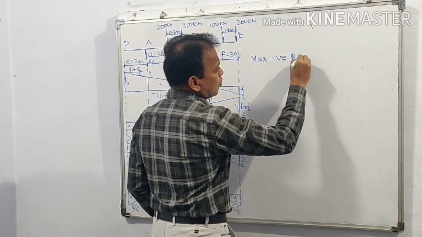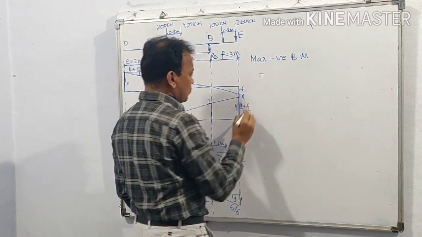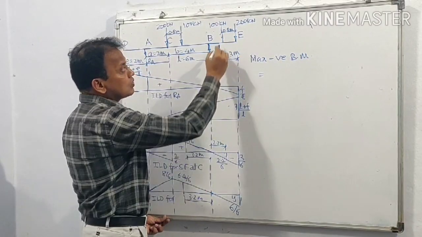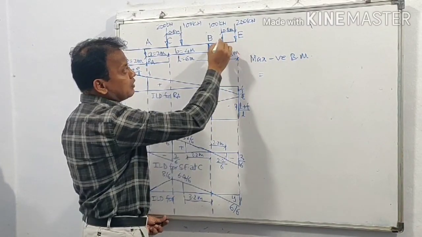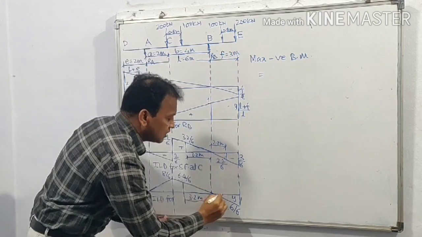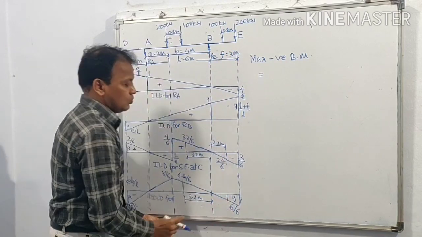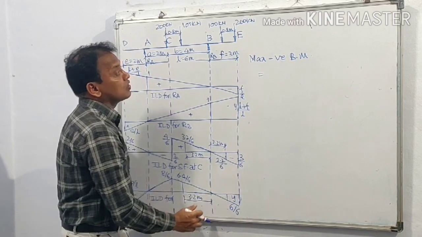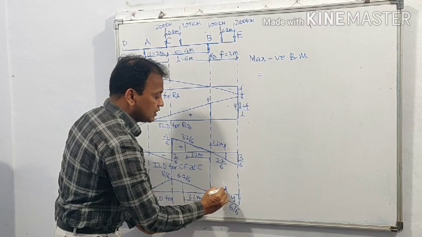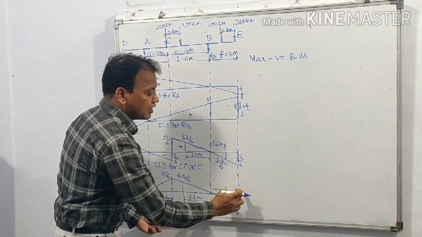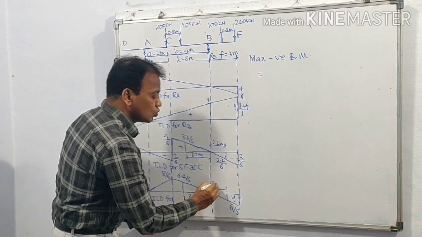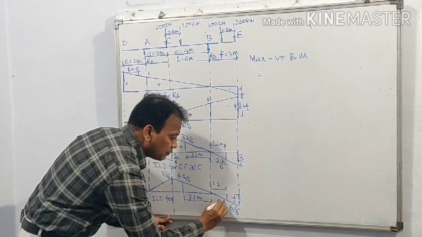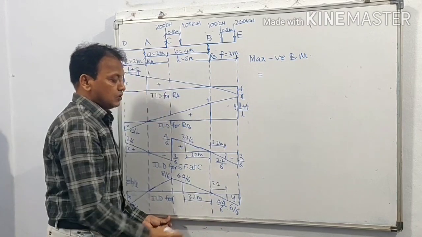Maximum negative bending moment is equal. So we have considered these positions of load. When load is 0.8 meter on left hand side of E, this ordinate is 6 upon 6 and this length is 3. So this length is 3 minus 0.8, that is 2.2. So this ordinate is 4.4 upon 6.